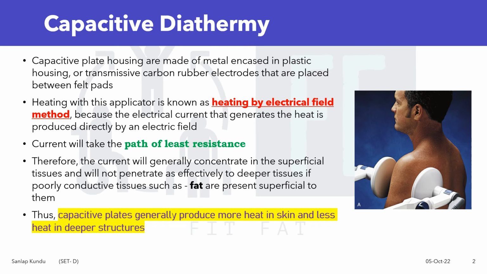Thus, the capacitive plates generally produce more heat in skin and fat structures and less heat in the deeper structures. So to produce more heat in muscles, that is the deeper structure, inductive applicators are used.